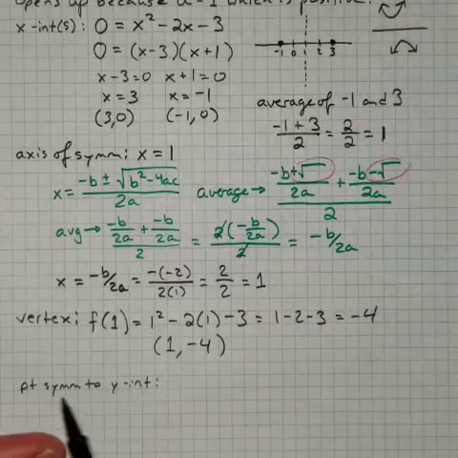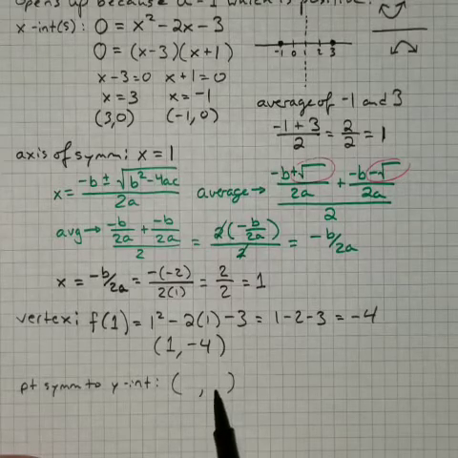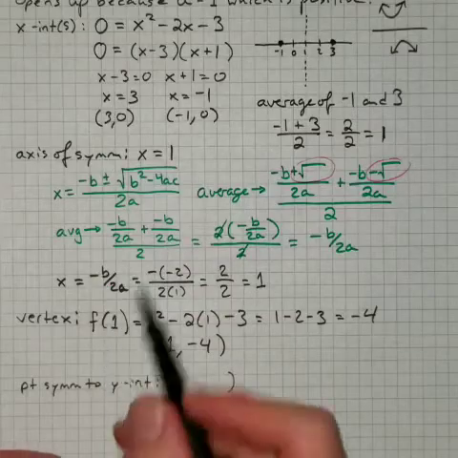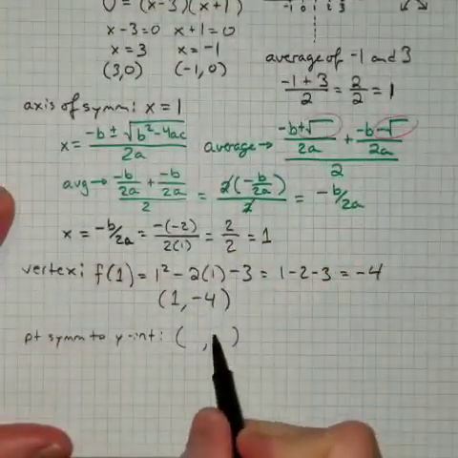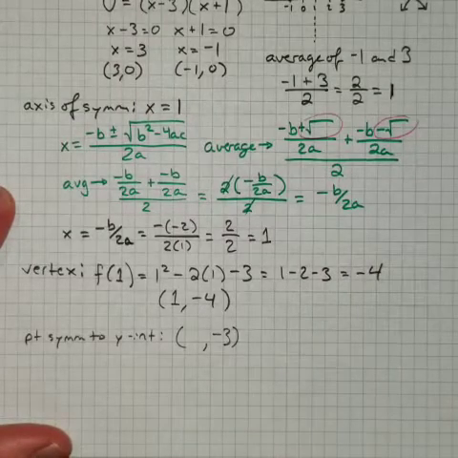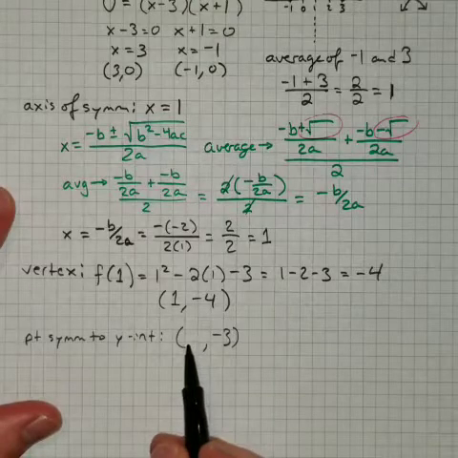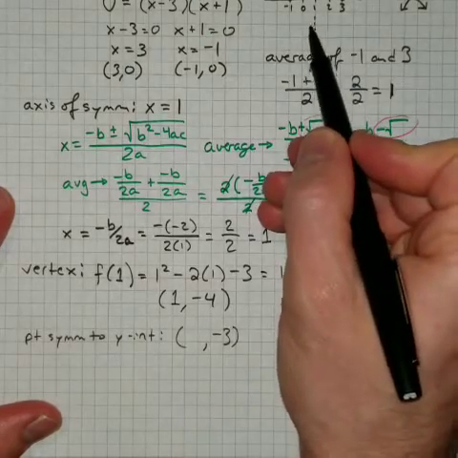So I know that the point symmetric is going to have a y value that is equivalent to the y-intercept, which I found way at the beginning was negative 3. So that negative 3 is going to come down here. Okay. And then the x value is going to be, well, double the axis of symmetry, right?